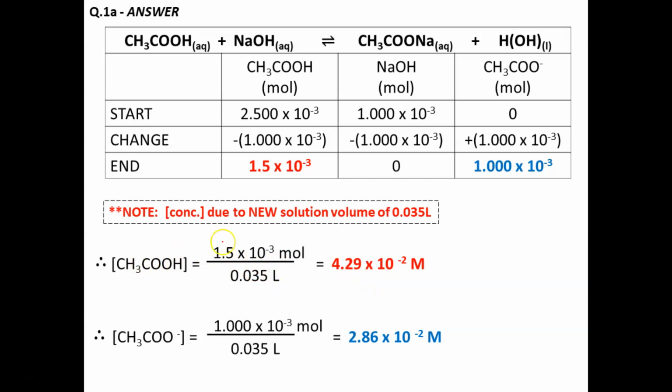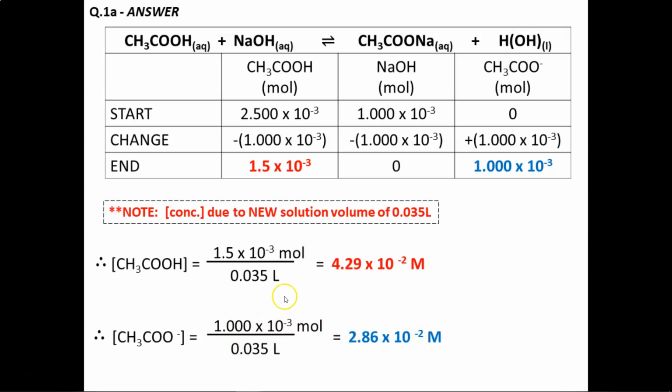My new concentration is equal to moles divided by volume. It comes out to 4.29 times 10 to the power negative 2 moles per liter of acetic acid. Same thing with the sodium acetate: 1 times 10 to the power negative 3 moles over the new volume of 0.035 liters gives me 2.86 times 10 to the power negative 2 moles per liter.